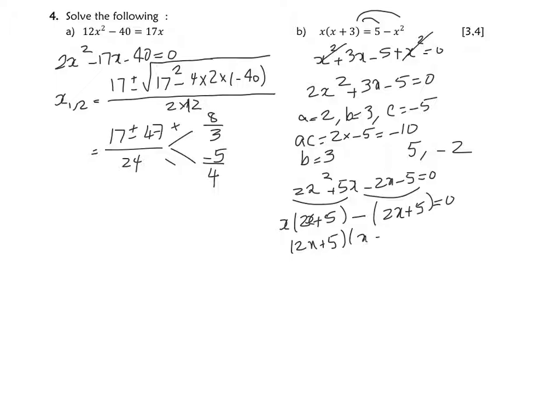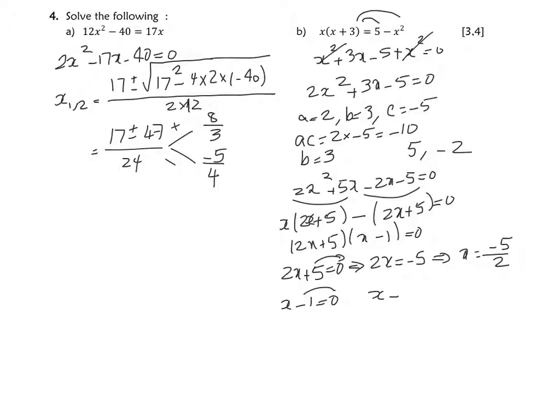I get x minus 1 is equal to 0. When the product of two numbers is 0, either or both have to be 0. So 2x plus 5 is equal to 0, or 2x is equal to negative 5. So x is negative 5 over 2, or x minus 1 is equal to 0, so x is 1. So these are the two solutions.